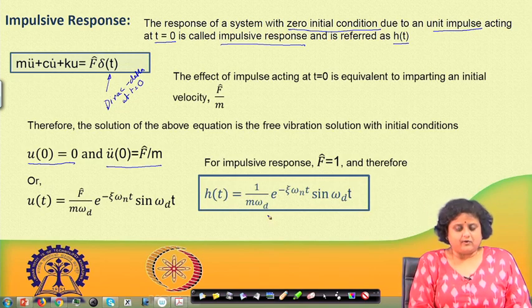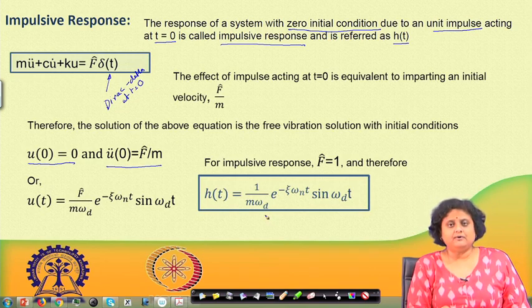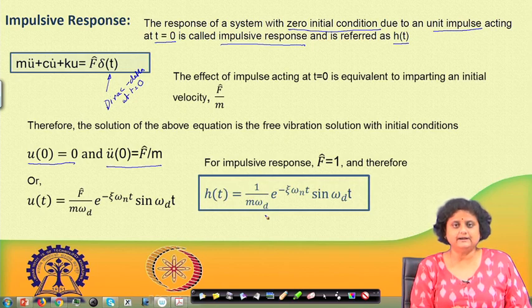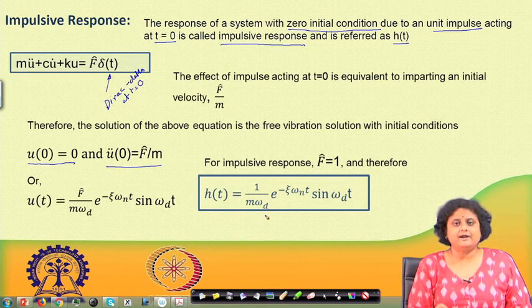So, therefore, the problem of analyzing or finding the solution of a single degree of freedom system because of an applied impulse load is basically obtaining the free vibration solution of the single degree of freedom system with the initial condition of an initial velocity of f hat by m.